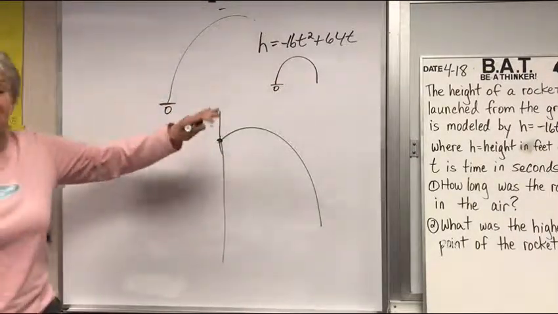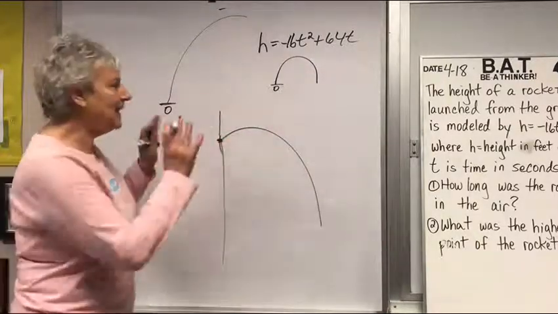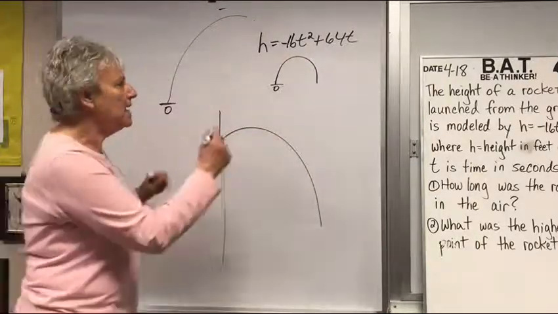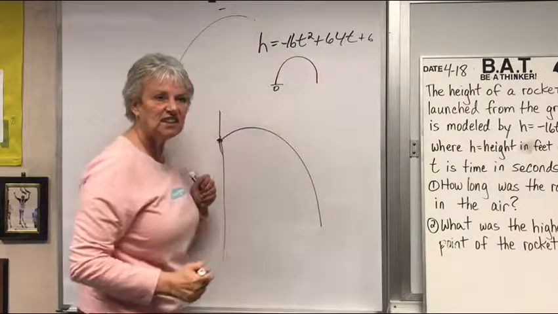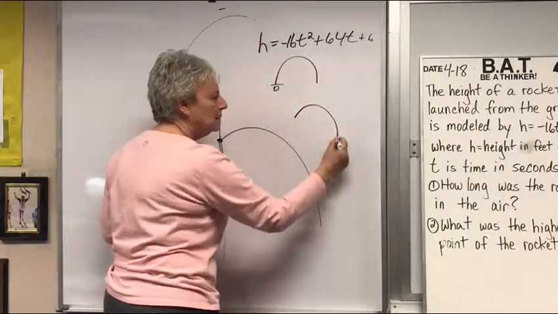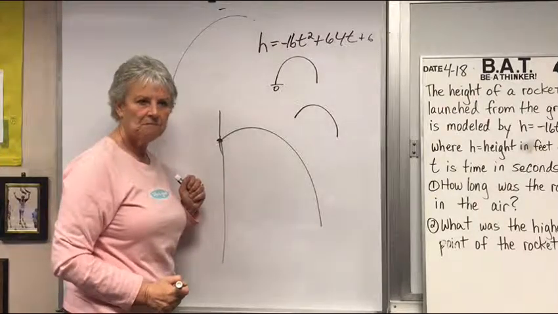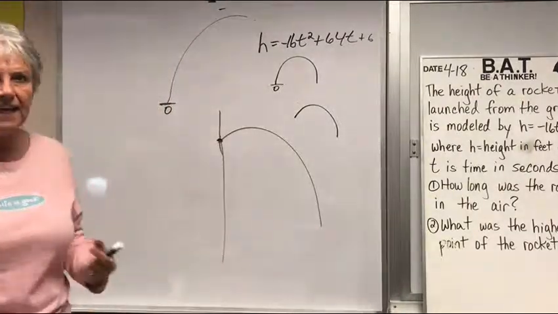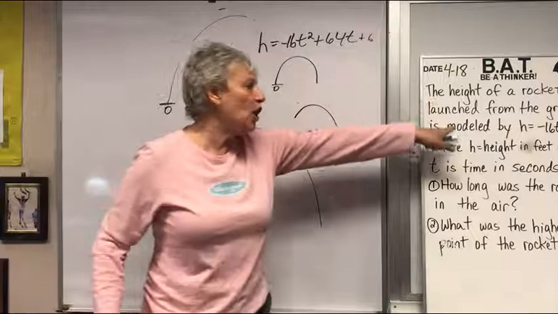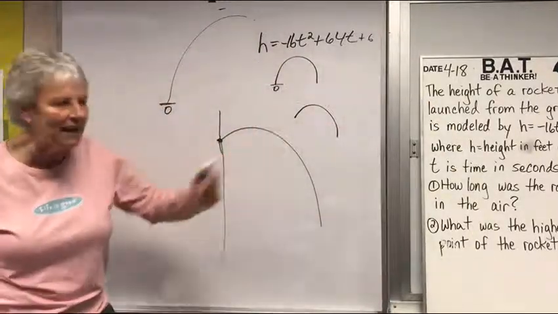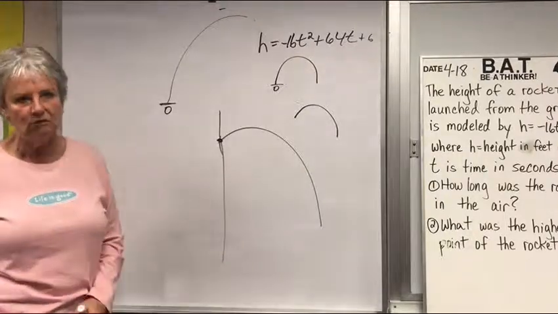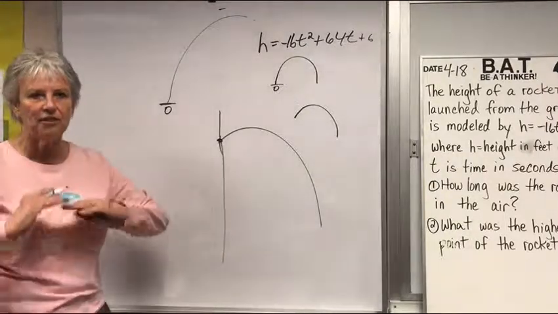You can find that when you solve it anyway, but that's where it starts. If I have plus 6, that means it starts at 6 feet. Then your story problem looks like that. So first of all, you should get it in your head. Now, if it says launched from the ground, that's automatic. My equation has to be plus 0 because it's starting on the ground.